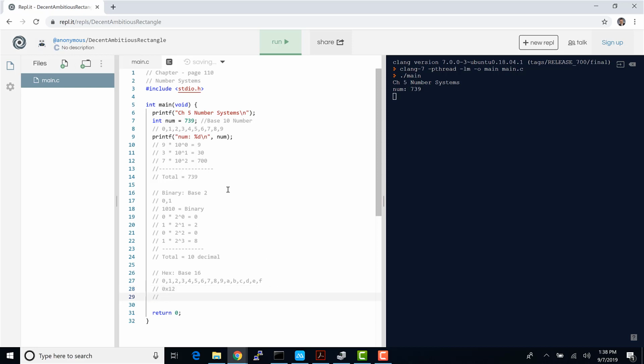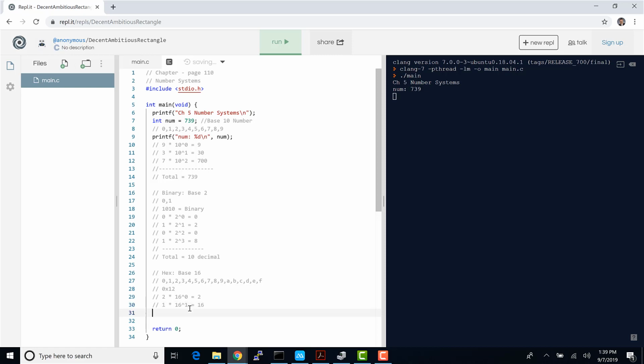Well, using the same process we use for base 10, the same process we use for base 2, we'll do the same thing here. We would take the lowest digit, the 2, and multiply it by 16 raised to the 0 power. So that would give us 2, right? Because 16 to the 0 is going to be 1. And then with the next digit, 1, would be times 16 raised to the 1, which is 16.